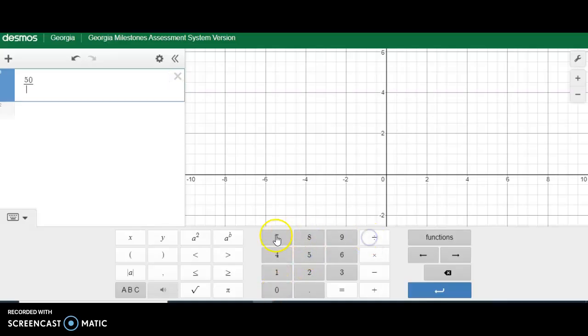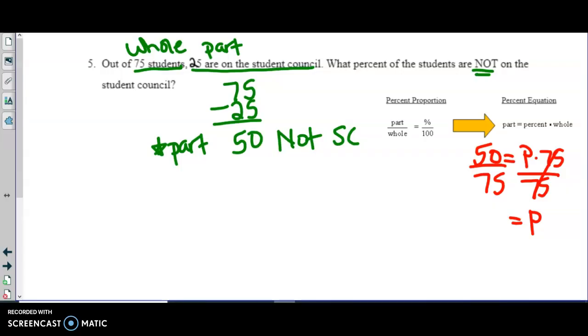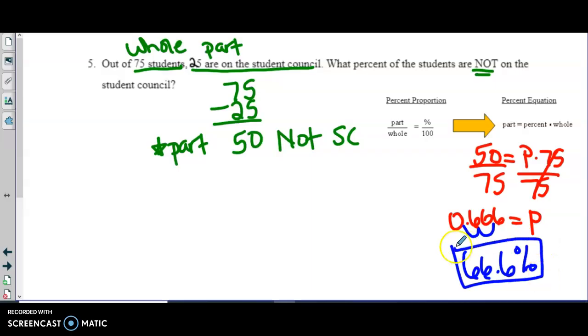So 50 divided by 75 is 0.666 repeating. If we move that decimal 2 times, it would be 66.6%. So I get my decimal, and then once I get my decimal, I have to convert that to a percent by moving it 2 times. And that's it. Good luck on this quick check.